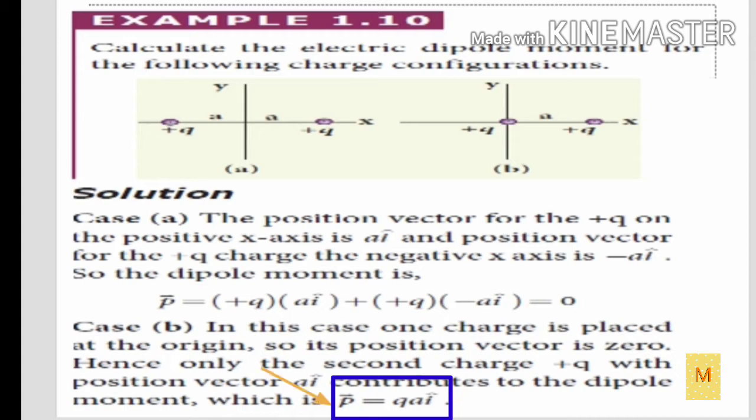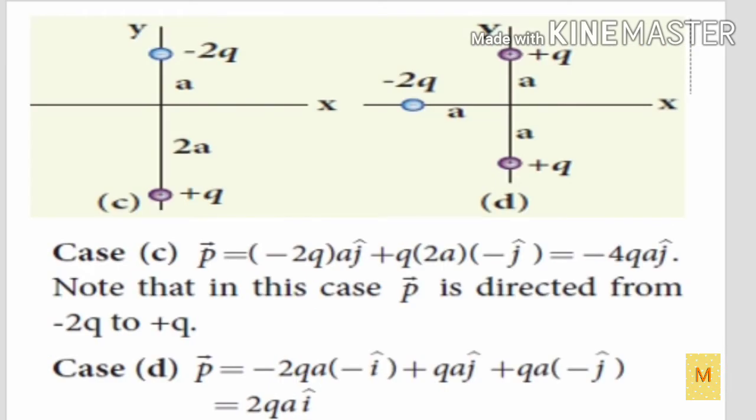That can be calculated by the equation P vector is equal to plus q into a i cap plus q into 0. Why are we putting 0 here? Because the second charge plus q is exactly placed at the origin. So the result will become P vector is equal to q a into i cap.